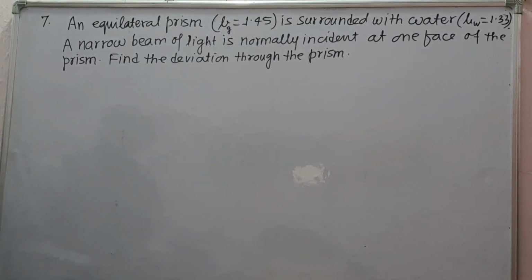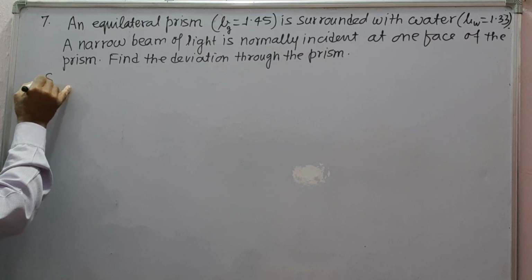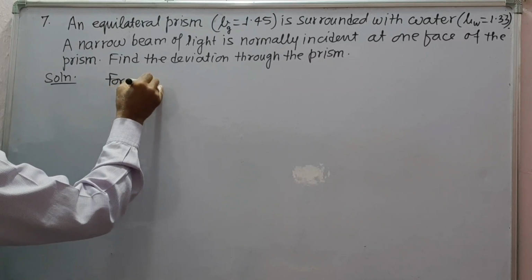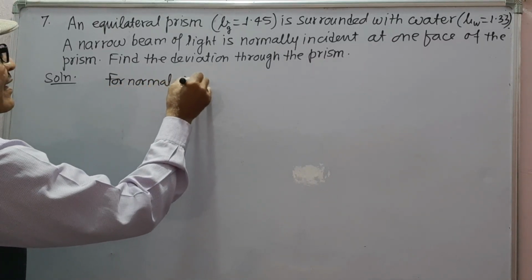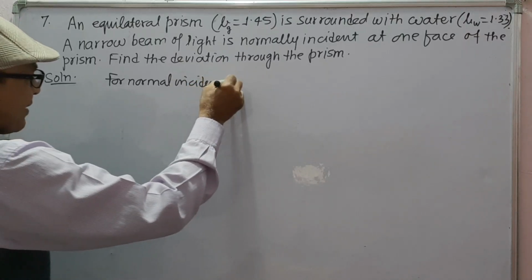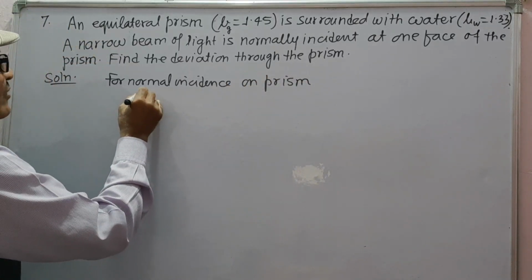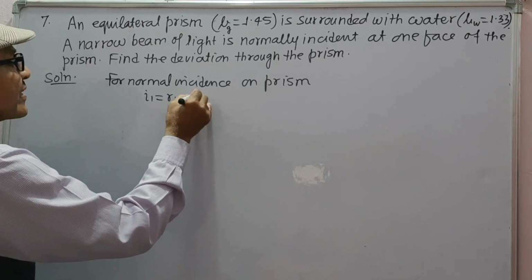Next, question number 7. An equilateral prism of refractive index 1.45 is surrounded with water of refractive index 1.33. A narrow beam of light is normally incident at one face of the prism. Find the deviation through the prism. Here, for normal incidence on prism, I1 will be equal to R1 is equal to 0 degree.